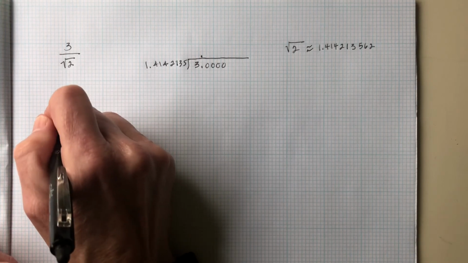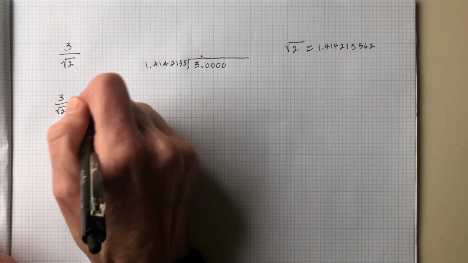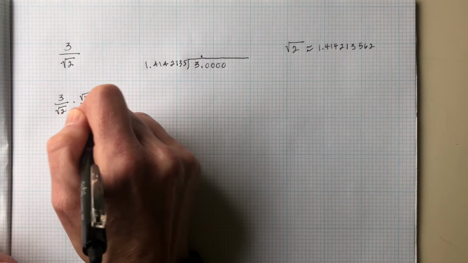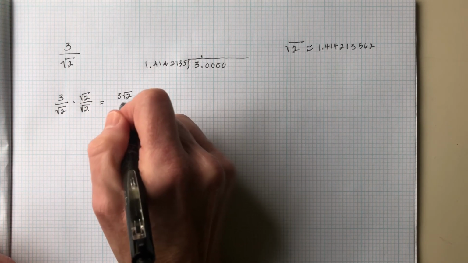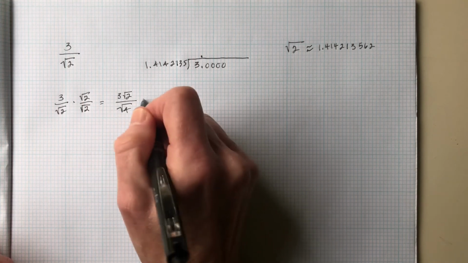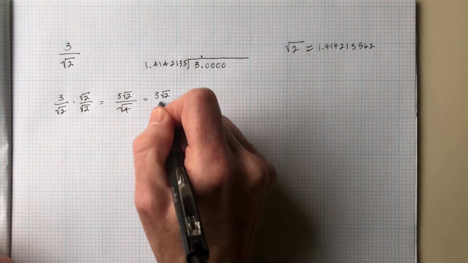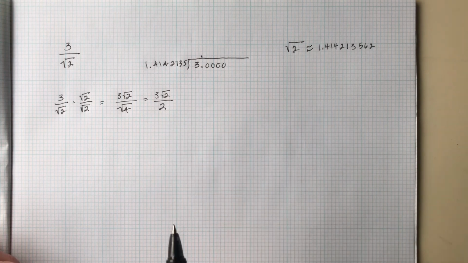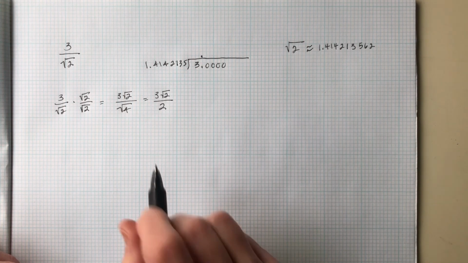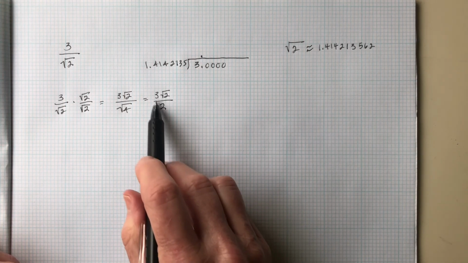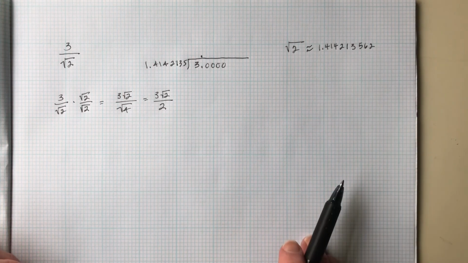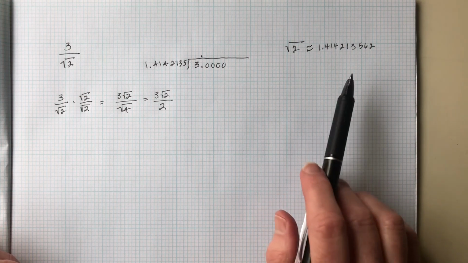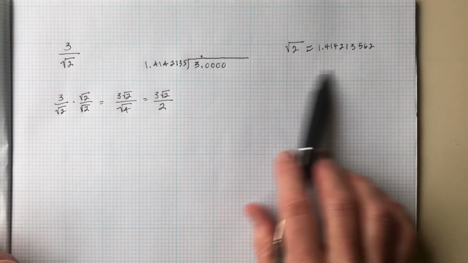If we rationalize this expression, just using that first technique, we get 3 radical 2 over the square root of 4, which is, of course, 3 radical 2 over 2. And now it's much easier to, for example, divide 2 into 3 and then multiply it by this number over here, because then you have a much more convenient operation to do mathematically.